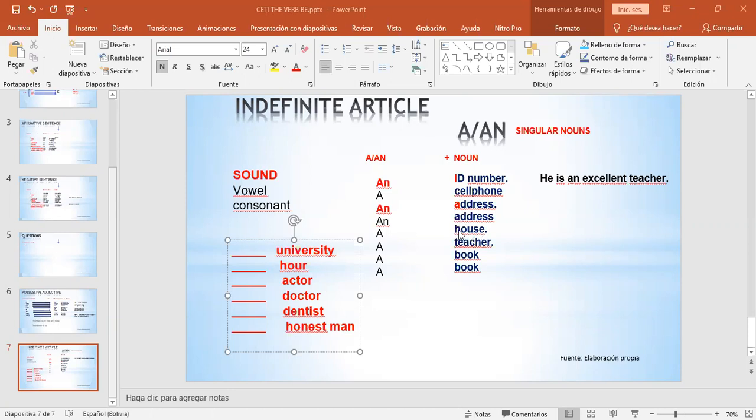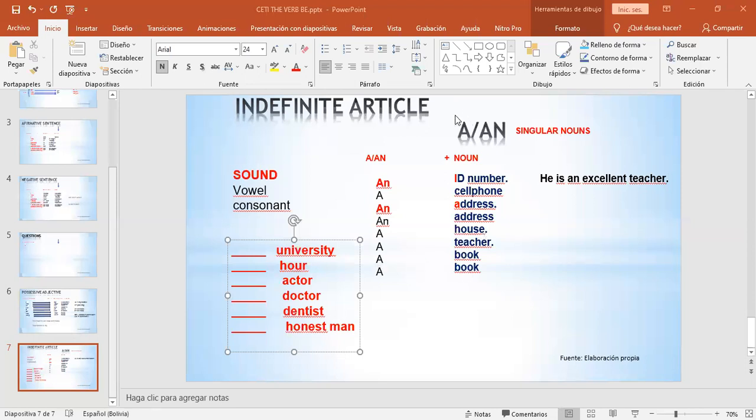It's a consonant sound, it's not a vowel. Teacher, a teacher. A book. It's a consonant sound, right? Book.